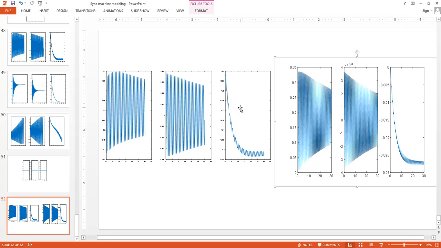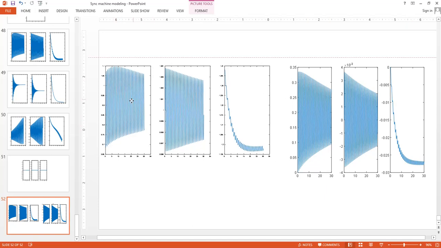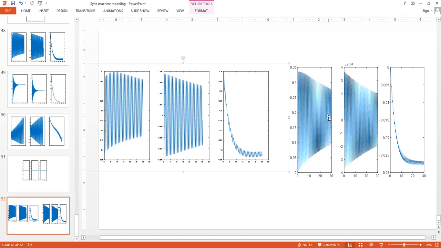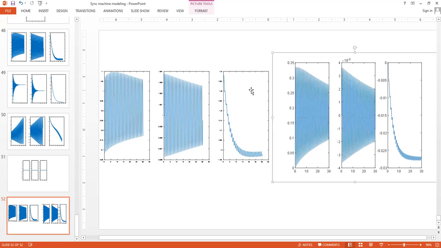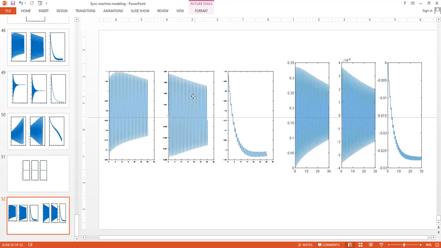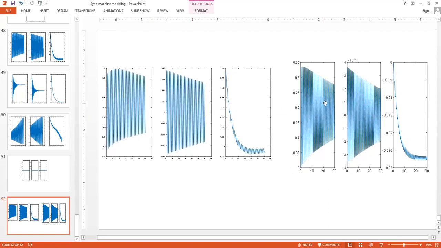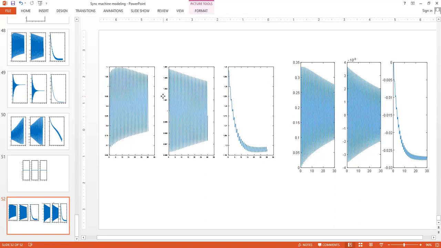But to the naked eye, except the delta being a little different, the oscillation frequency looks almost identical. There would be a little difference, remember, because this linear model is nothing but an approximation of the original nonlinear model. But the pattern is almost identical, and you can be satisfied with that.